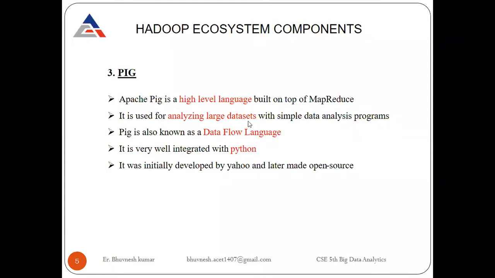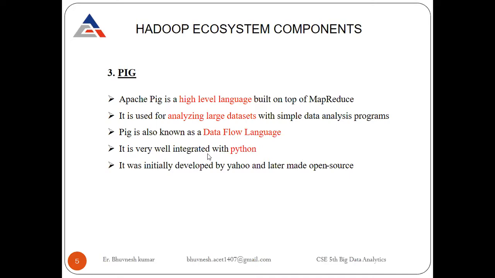Pig is also known as a data flow language because in this, Pig Latin language is used, and for that we are using Pig scripts. And Pig Latin has a compiler.